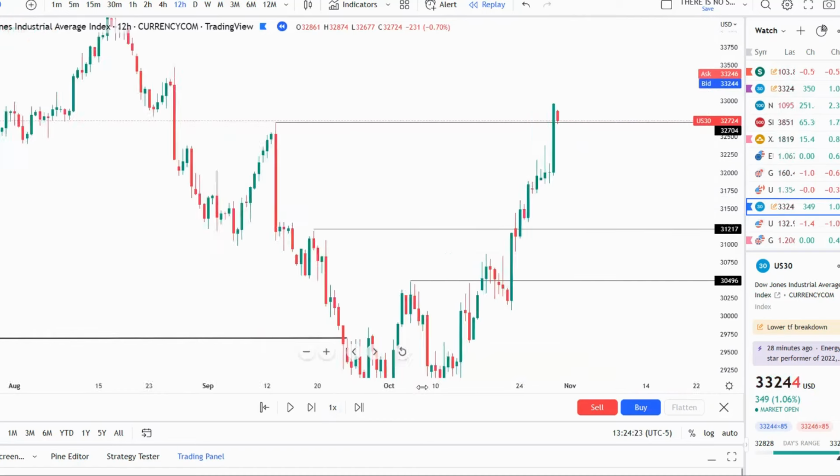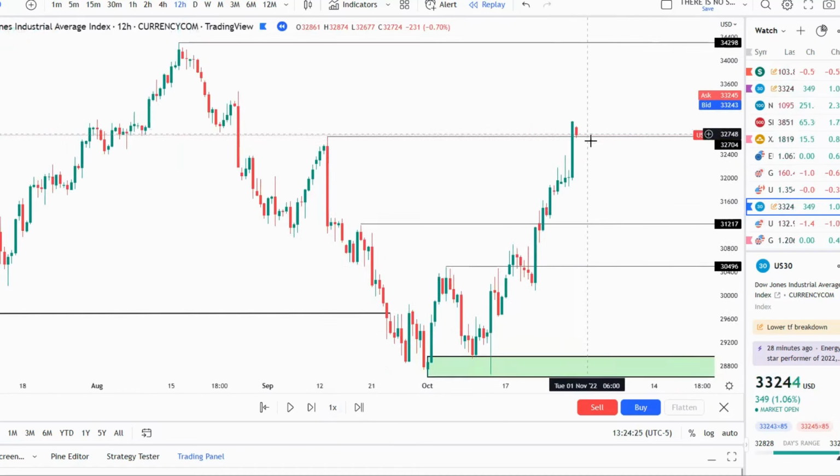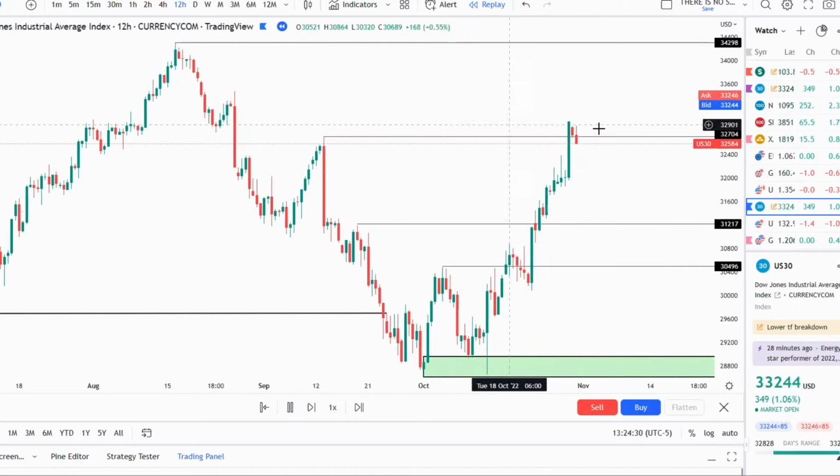So guys, let's go ahead and complete this out. This is about 22 days now. Let's see if we reach the final TP, how long it would have taken.